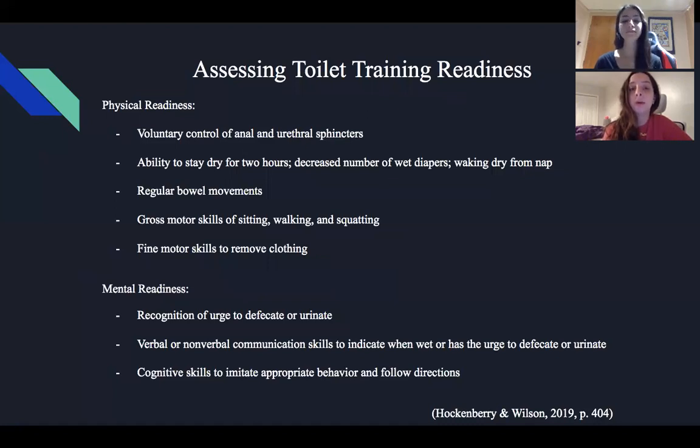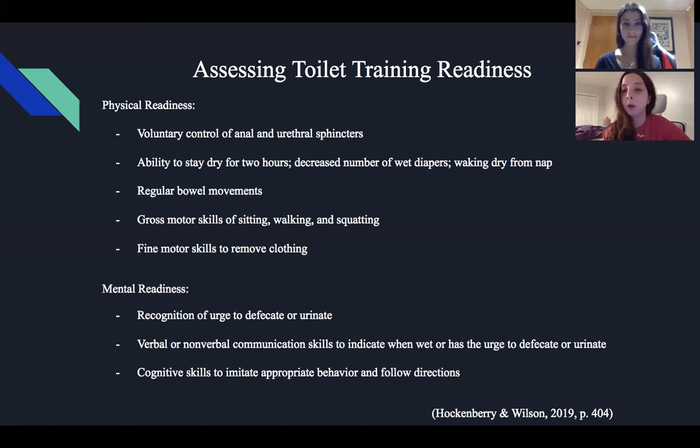When assessing their readiness, different factors can be looked at, such as physical readiness, which can include voluntary control of the anal and urethral sphincters, the ability to stay dry for 2 hours, decreased number of wet diapers, and waking dry from a nap, having regular bowel movements, gross motor skills of sitting, walking, and squatting, and fine motor skills to remove clothing. When it comes to mental readiness, the child will be able to recognize the urge to defecate or urinate.